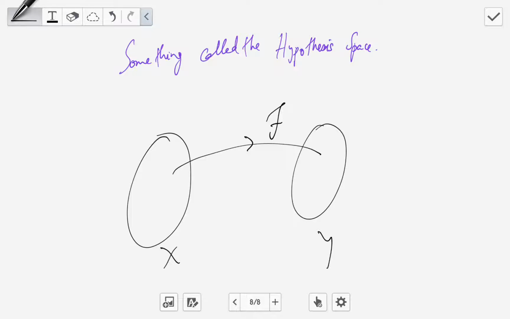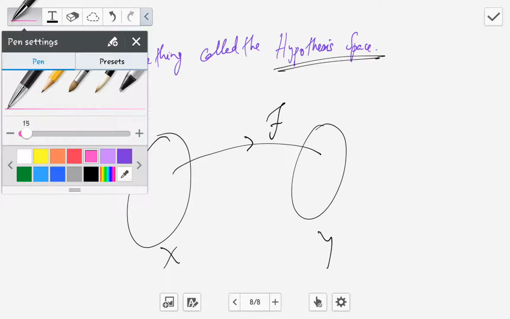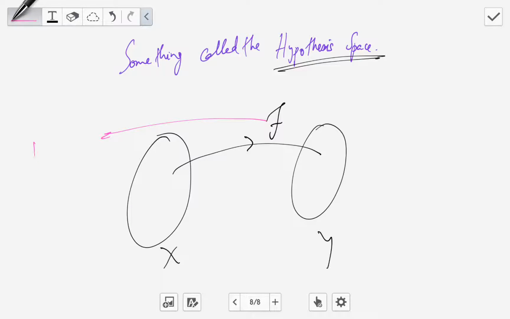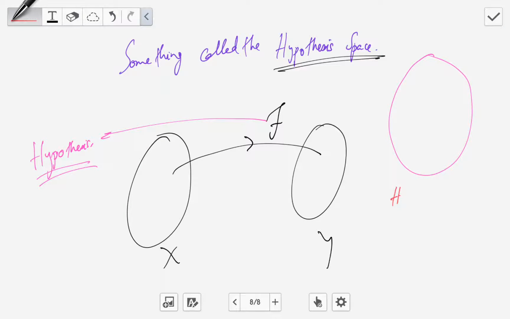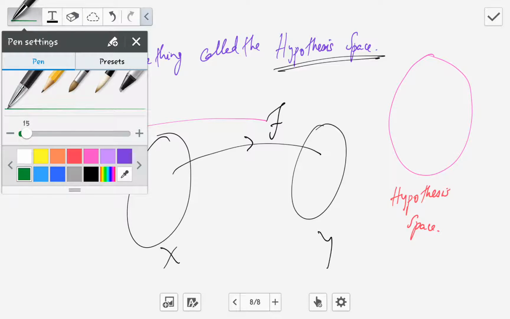Now there is a space called hypothesis space, and this f is called hypothesis. Now there is a space called hypothesis space where this f lies. Let that space be here. I will call this the hypothesis space. Now in this hypothesis space there are all possible f's. Do you see that?